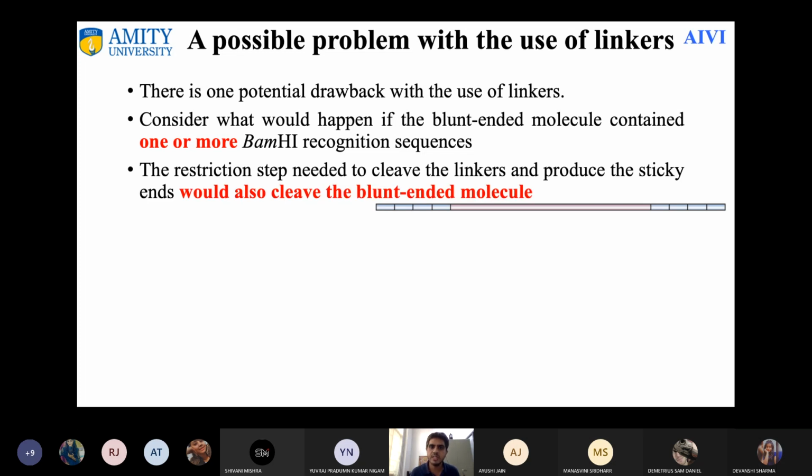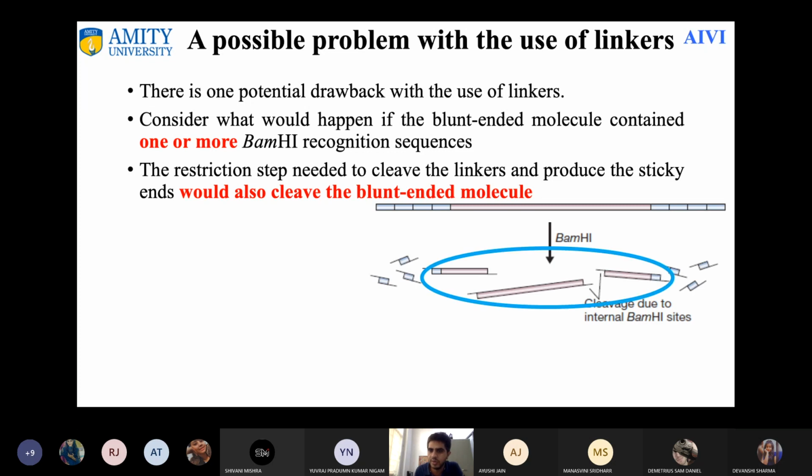Here you can see the restriction step needs to be carried out to produce sticky ends. As I mentioned, many sticky ends are going to be incorporated. If your restriction enzyme doesn't digest it completely, then the linkers may remain. That is one thing. And the restriction step you need again, so one more step you are incorporating.